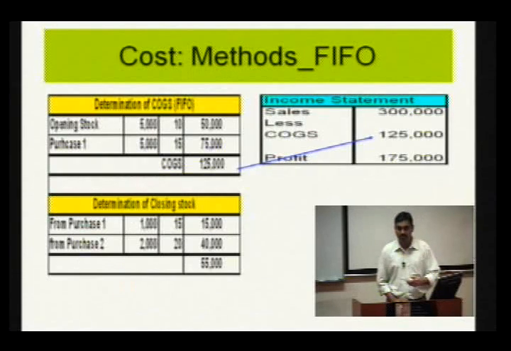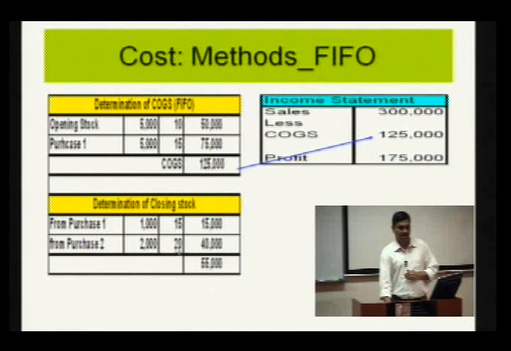Suppose I follow FIFO, that means first in and first out, that means I sell the goods first which I received. So, under the FIFO, I am going to sell the 5,000 at the rate of 10, then the balance 5,000 at 15. So, the cost of goods sold comes to 125,000. The unsold stock will come from 1,000 at 15 and the balance 2,000 at 20.